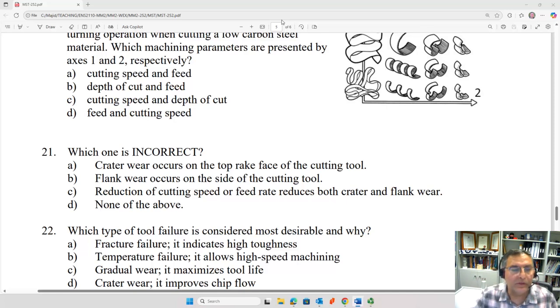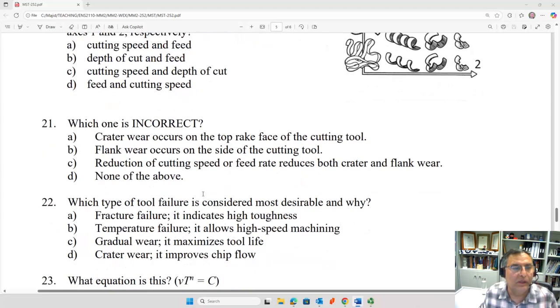That is correct. So none of the above are incorrect. So we go for choice D, because all the sentences provided in A, B, and C are correct. So we choose D.